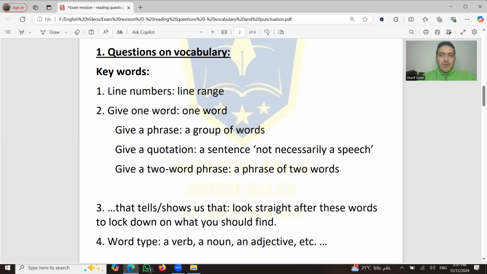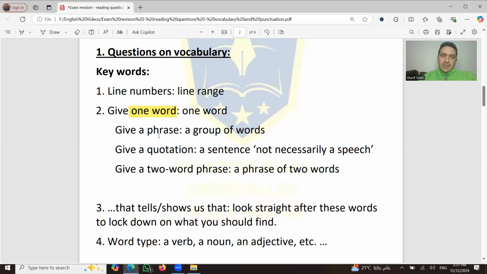The first thing that we need to pay attention to is the line numbers or the range of lines that the question wants us to look at. The second point is to pay attention to how many words we need to find and copy. If the question says one word, we need to find one word, not 2 words, or a phrase.